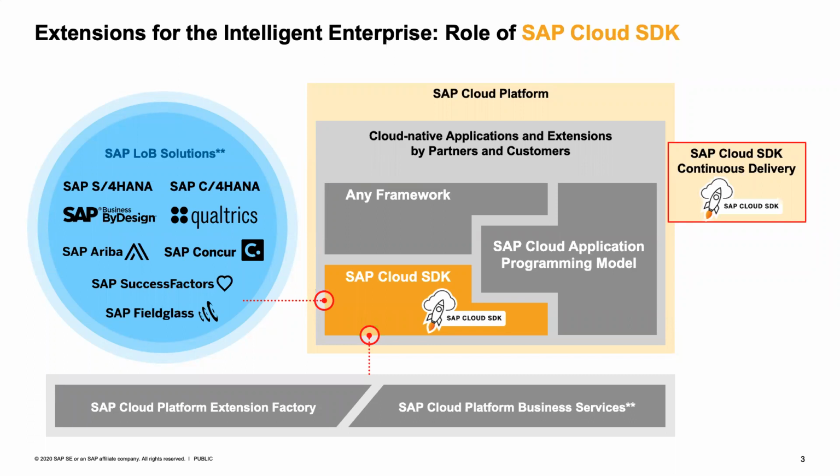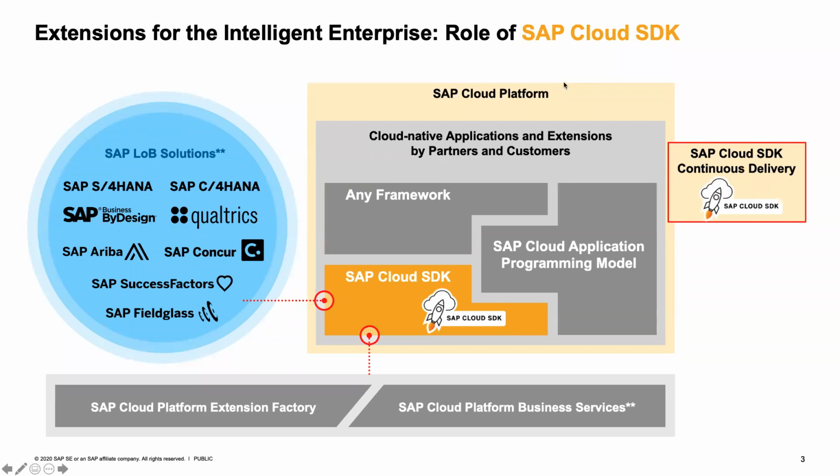What we provide, like shown on this picture, is first of all, a way to connect to different SAP solutions, like, having a look to the left, S/4HANA, C/4HANA, Ariba, and others. And also an easy and fast way to consume SAP Cloud Platform services that are provided by SAP or third parties over the SAP Cloud Platform.